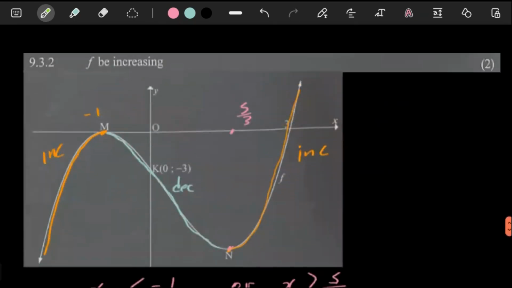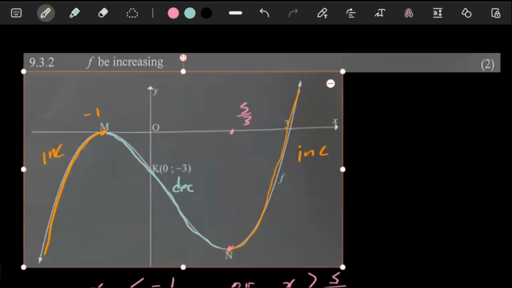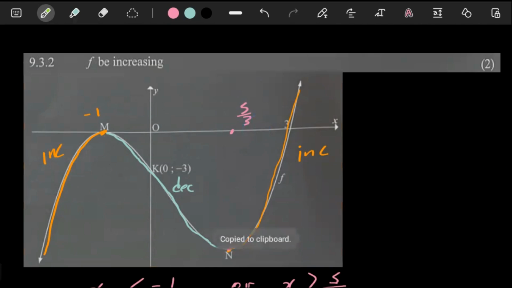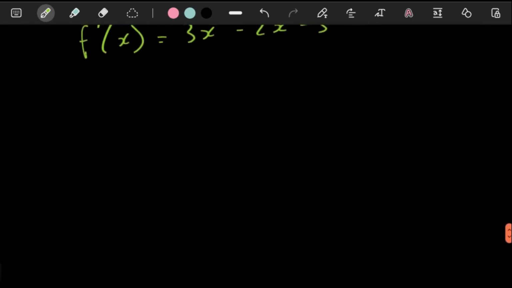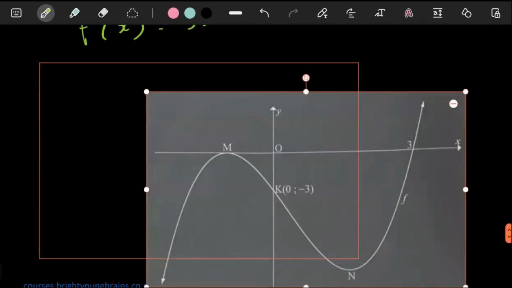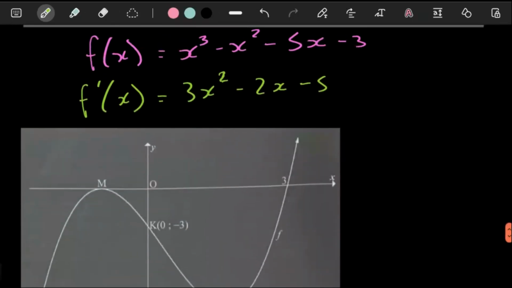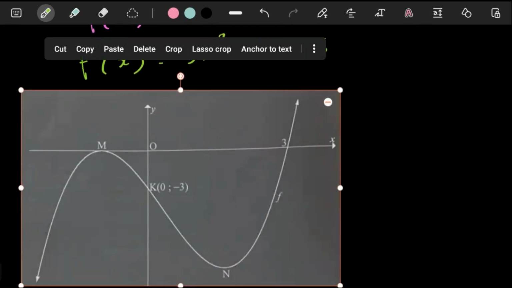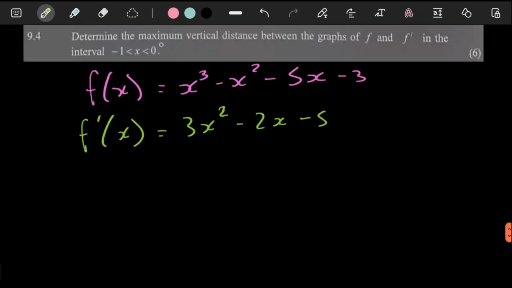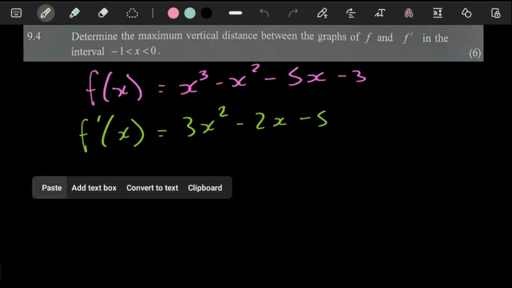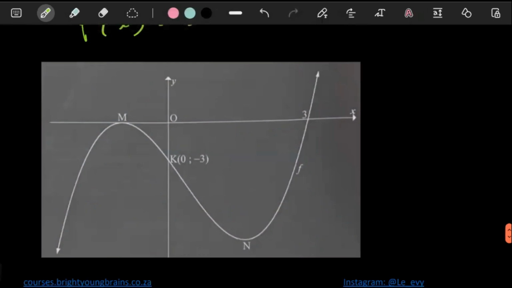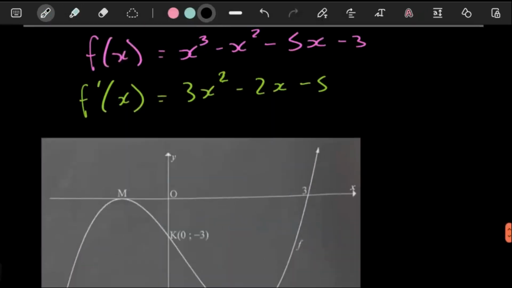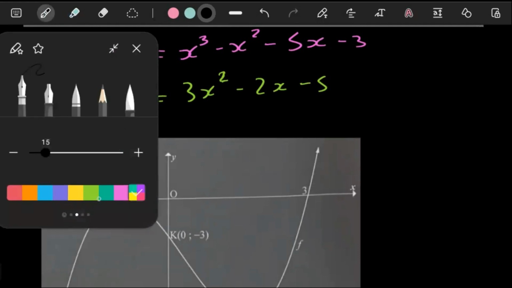So let's see what we have between -1 and 0. Do we need a sketch? Yeah, probably. This equation here would be a smiling parabola. I think we do need the image, because let's see what the x-intercepts of this graph would be.